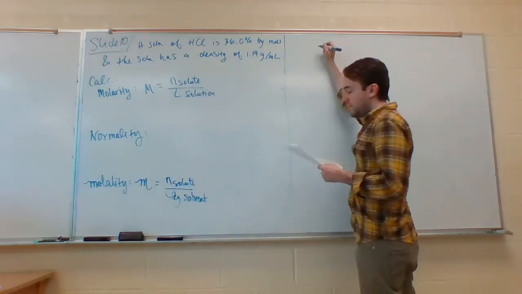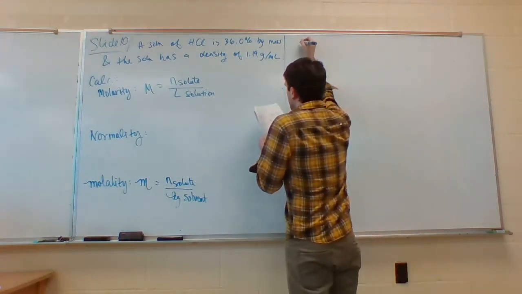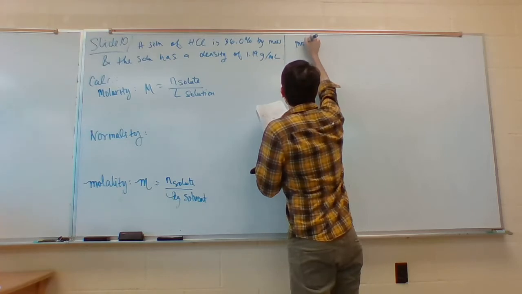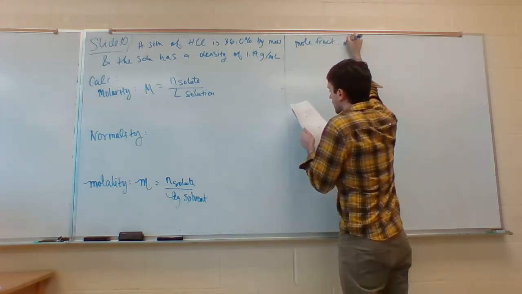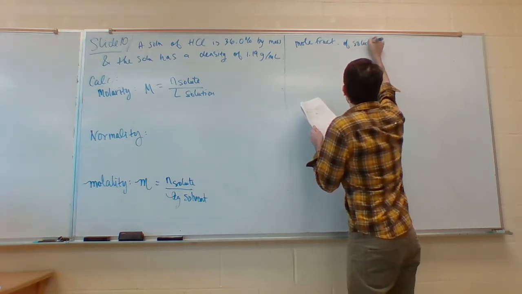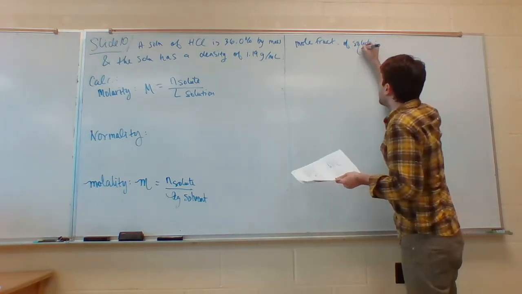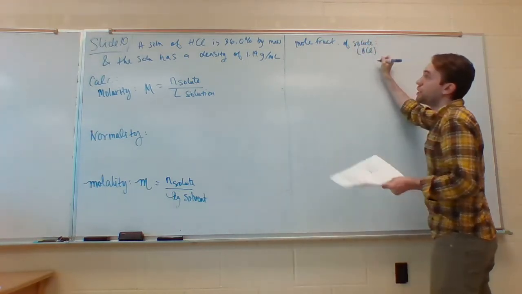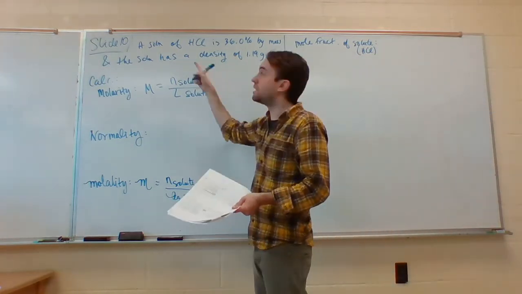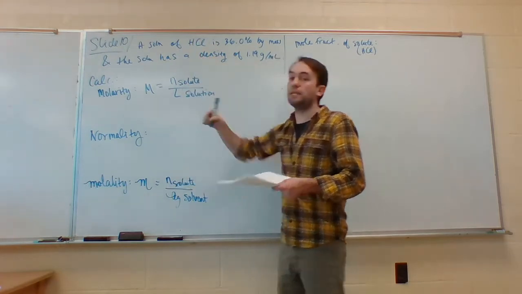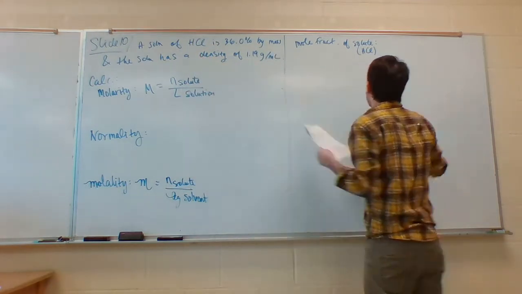The very next thing that it asks for is the mole fraction of the solute, which in this case our solute is HCl and our solvent is water. If you have an acid, it's going to be dissolved in water.